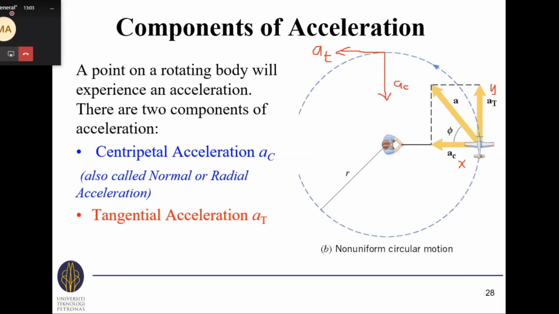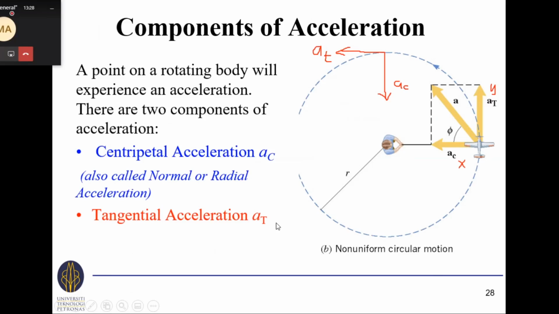Okay, and then today I would like to quickly introduce to you components of acceleration in case we have non-uniform circular motion. So this part is actually a little bit not for rotational motion. It's a little bit related to circular motion previously. Just that I want to introduce to you these terms, tangential acceleration.